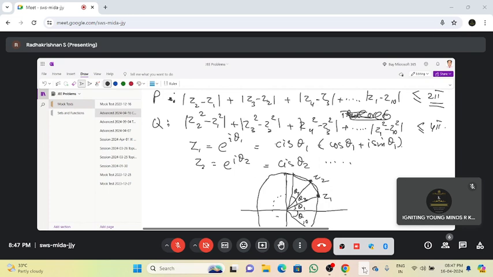What is the circumference of the circle? 2 pi r. What is r here? 1. So the circumference of the circle is just 2 pi.